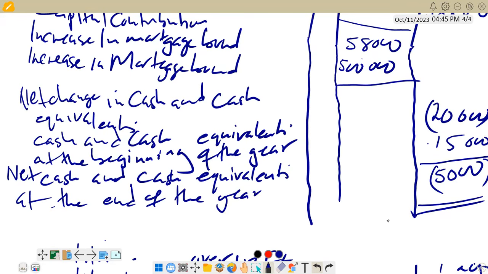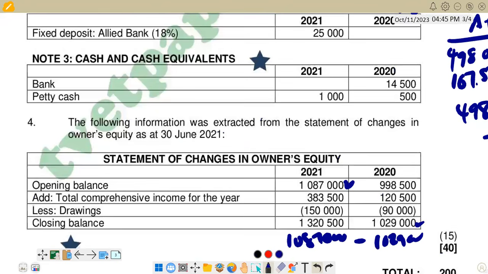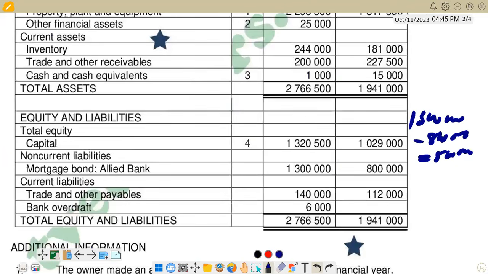So that is what we have, guys. This figure, negative 5,000, should be the same as the figure in the balances that we are given. So if you come here in the list of balances, you see cash and cash equivalents at the end, we have got 1,000, which is a positive under current assets.